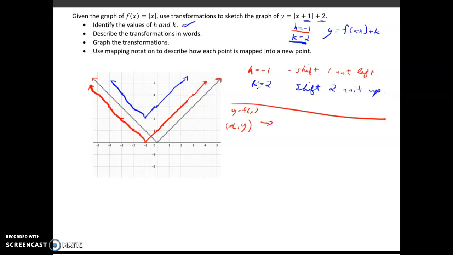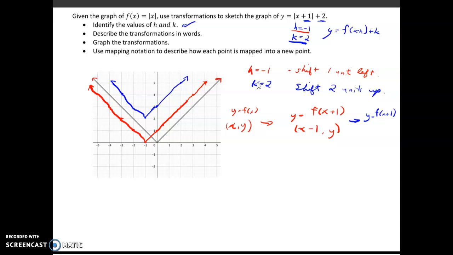And then it got transformed into y is equal to f of x plus 1. Shifted over to the left 1 unit, and what happened there? Well, we took all of the x values and we shifted them over 1 unit, so the y value stayed the same.